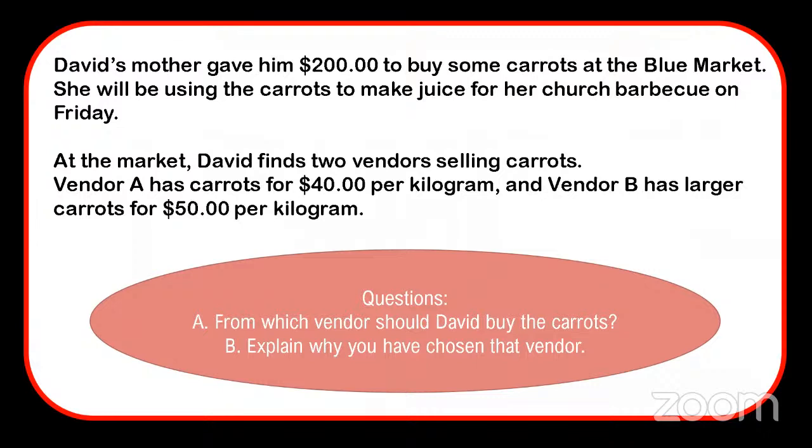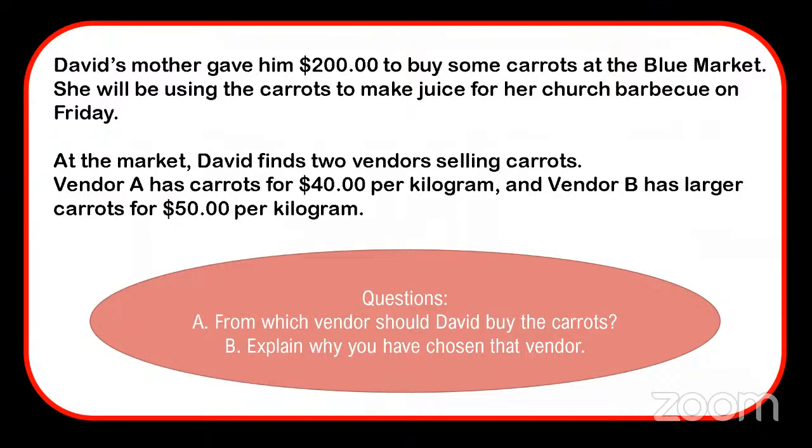All right. Ariana Purcell says vendor A because he would get more for his money. Bloodfire says he should buy from vendor A because it's cheaper. Diana Forbes says vendor A, come on, I need to see a justification, guys. Moya says vendor B because the carrots are bigger.